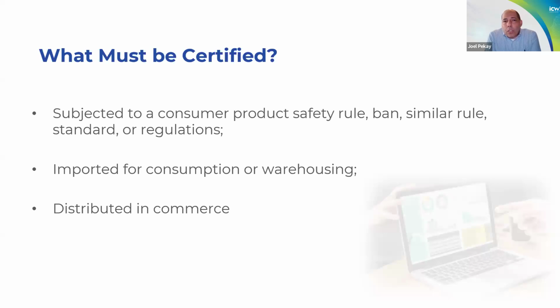Products that are imported for consumption or warehousing or that are distributed through commerce. Again, these are very broad statements, and we can go a lot more into detail on each, but for the purposes of today, want to just keep this at a high level.